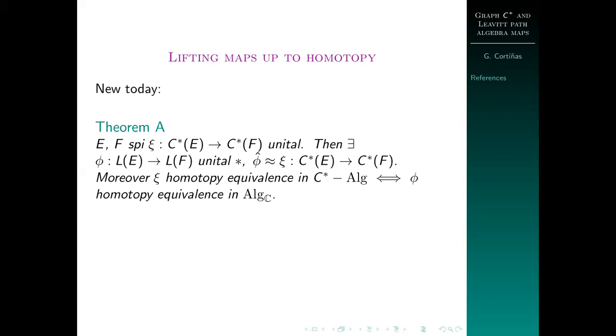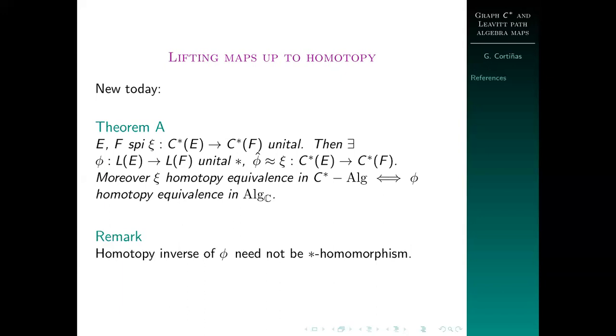Notice that when I wrote phi is a homotopy equivalence in Alg C, there is no star in Alg C, right? Before I wrote Alg upper star C, meaning the category of star algebras and star homomorphisms. So phi is a star homomorphism, but the homotopy inverse of phi, in case it has one, that is when psi is a homotopy equivalence, need not be a star homomorphism.